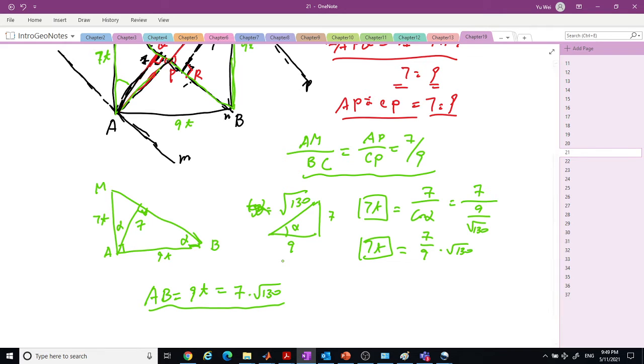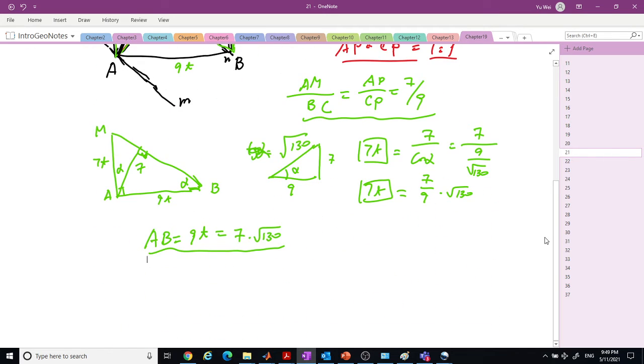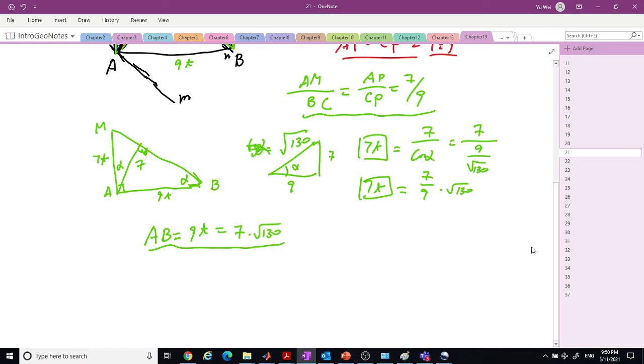And what? Okay, so now the square is the... 70 is this. 70 is this.